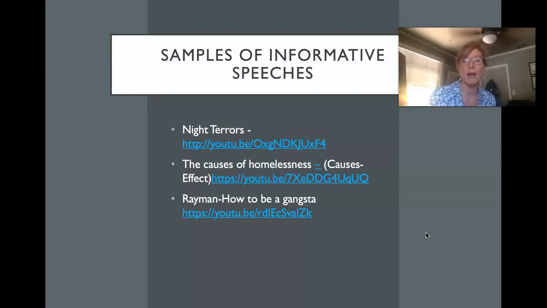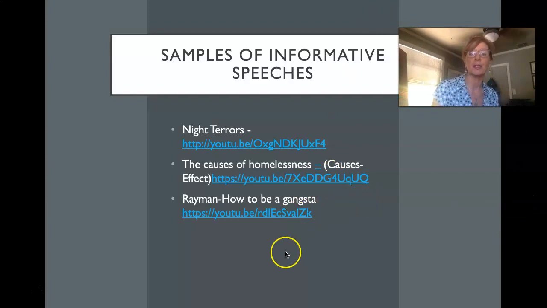We'll talk more about how you're going to present your speech, and I will hopefully have you actually use PowerPoint slides as you do your speech. You'll notice I'm using Screencast-O-Matic, which is optional for you to use as well in giving your speeches, and you can easily access a PowerPoint presentation as you give your speech. The key, though, is that we always want to be able to see you and that we're not just looking at your PowerPoint. Remember, you're not giving a lecture, you're giving a speech.